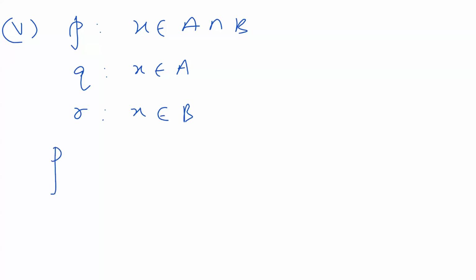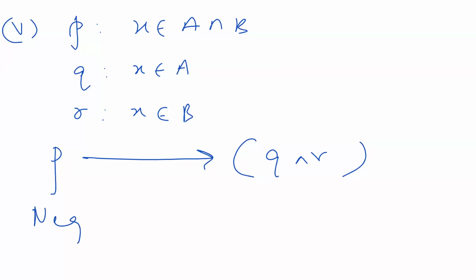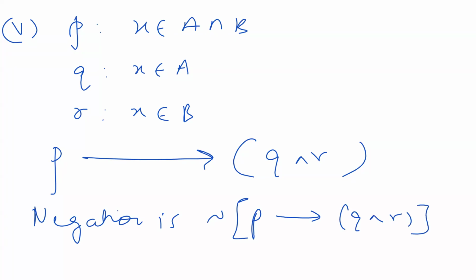Now, if P then, what should I write within the bracket? Q and R. Correct. Good. So this is negation of P implication Q and R.